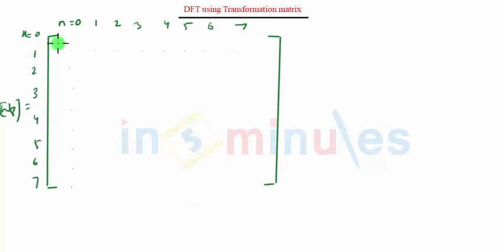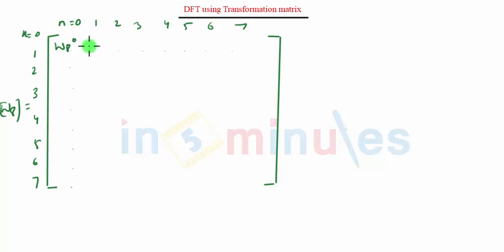So now we are going to find the W8 raised to kn matrix. We have to find it according to the values of n and k. So n varies from 0 to 7 and similarly k varies from 0 to 7. When we write W8 raised to 0, the k value is 0 and the n value is 0.